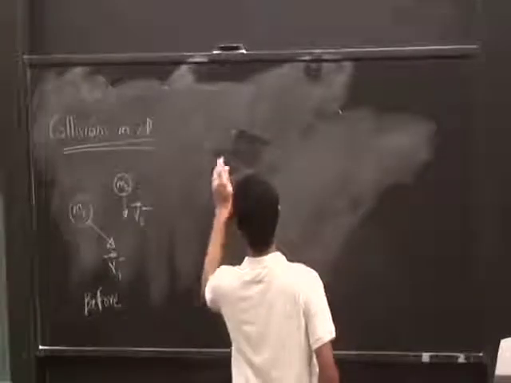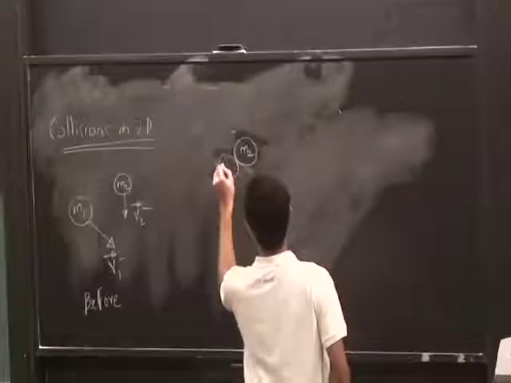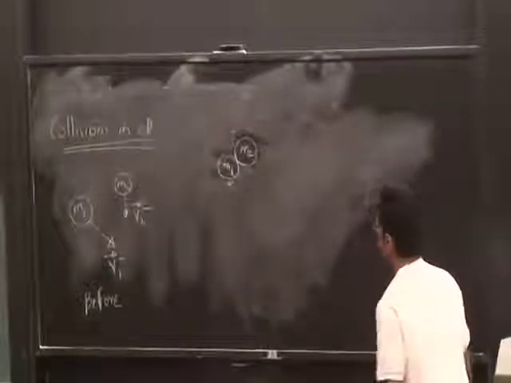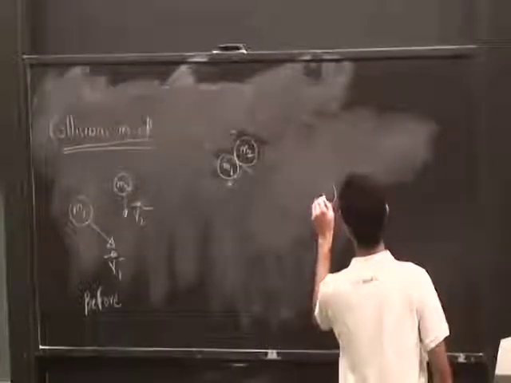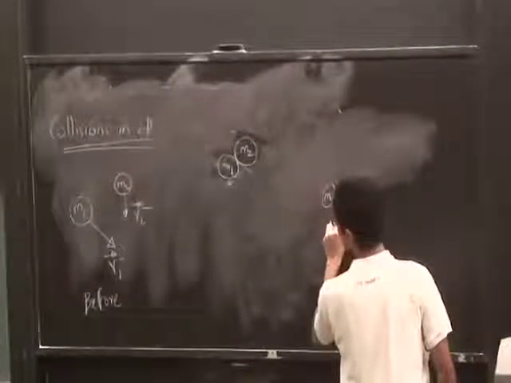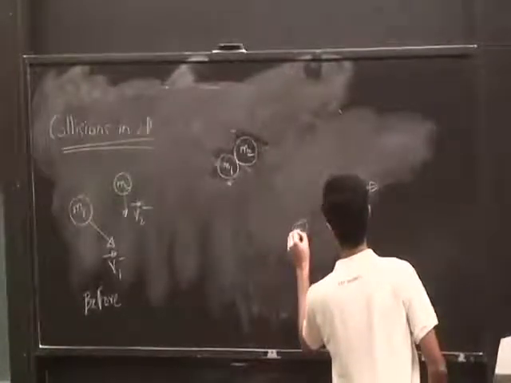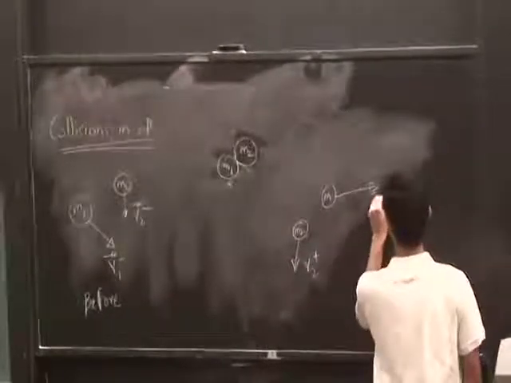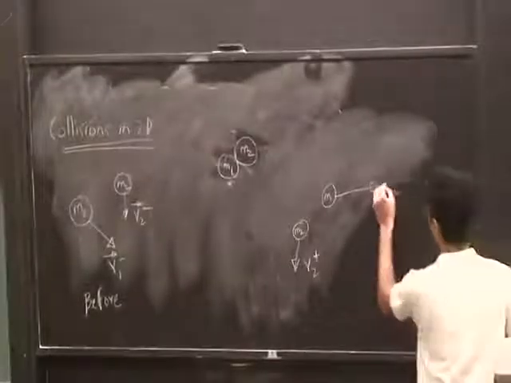So M2, M1, and then afterwards they go on their own path. So M1 say is going this way, and M2 is going that way. And all are vectors.